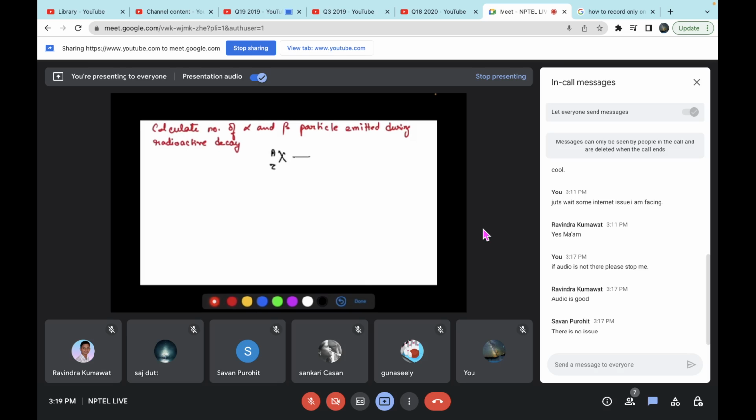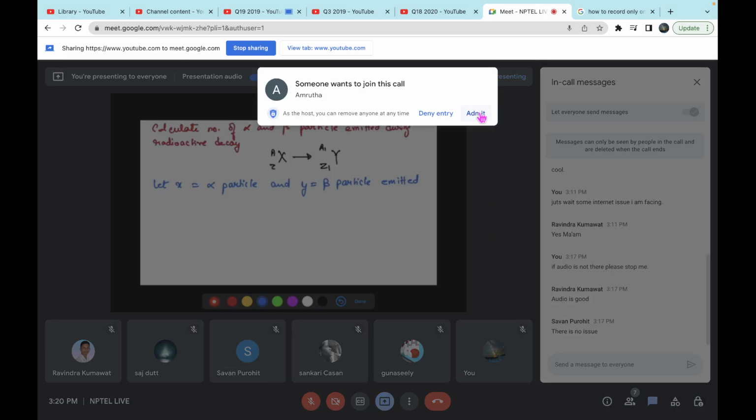So this element X is decaying to Y with the change of its mass number from A to A1 and atomic number from Z to Z1. To solve this, let X be the number of alpha particles, and Y the number of beta particles emitted in this whole process.